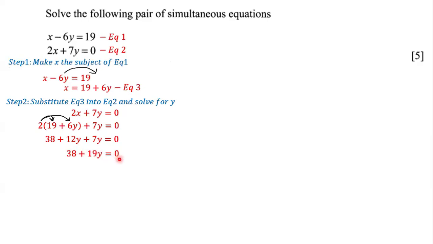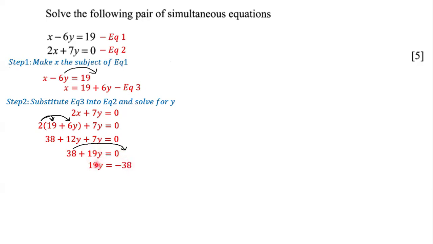We have to solve for y. So we're going to send the 38 over the equal sign. This was positive 38, but when we send it over, it becomes a negative 38. Really, on the right hand side, what we have is 0 minus 38. But 0 minus 38 is still negative 38, and so we do not write that.